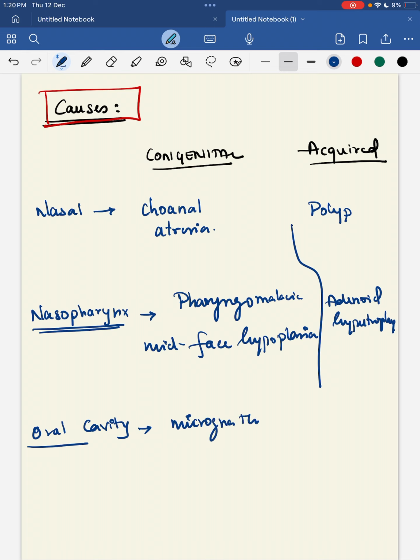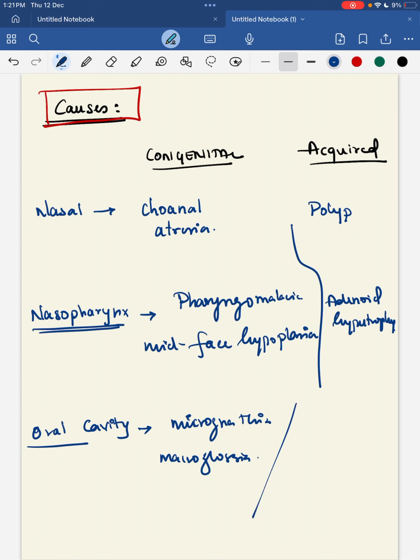I have mentioned only a few, the ones you can easily remember and write in your theory exam, because you will not find enough time to cover all the points you have read. So you just need to write the important points. In acquired causes, it will be tonsillar hypertrophy and retropharyngeal abscess.